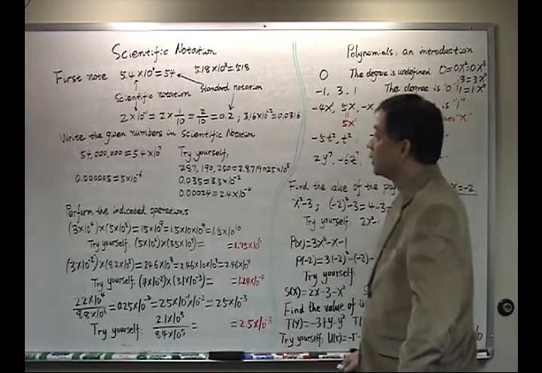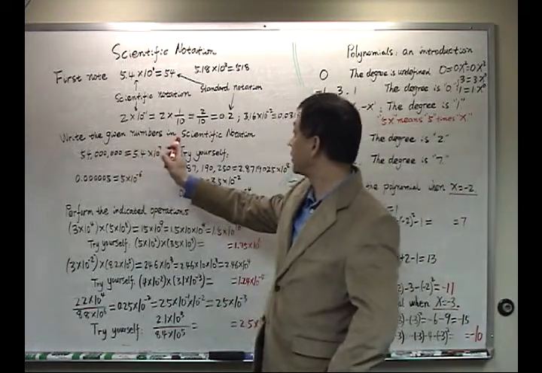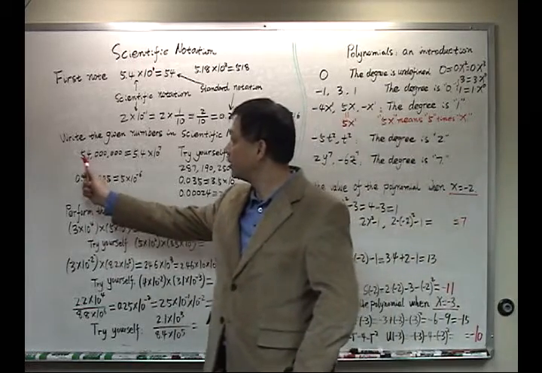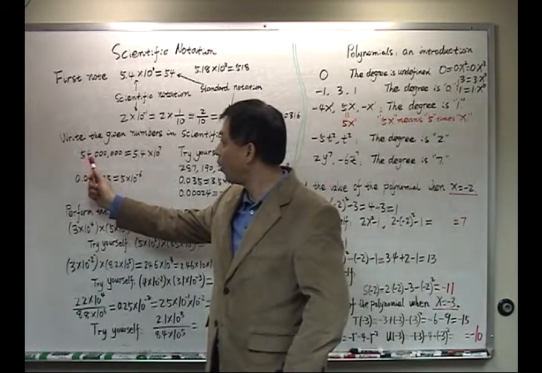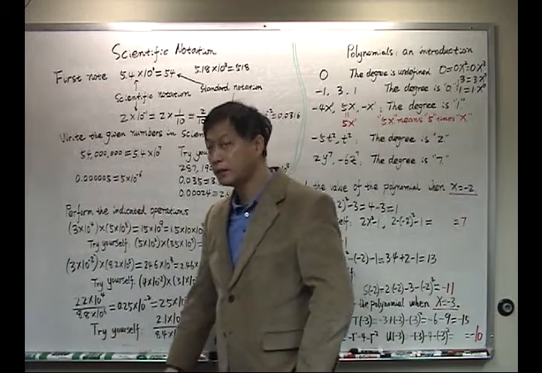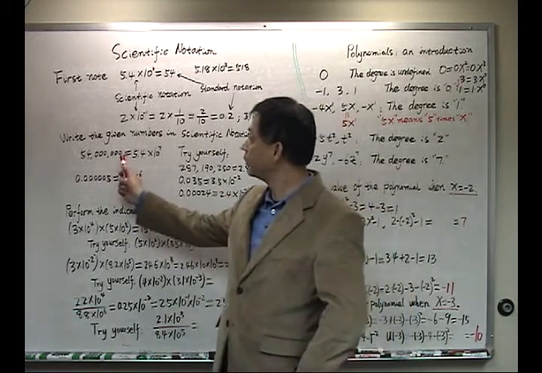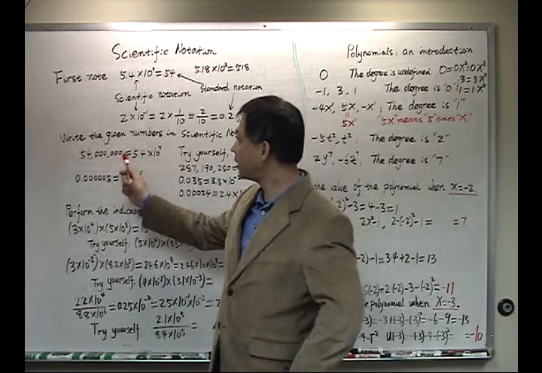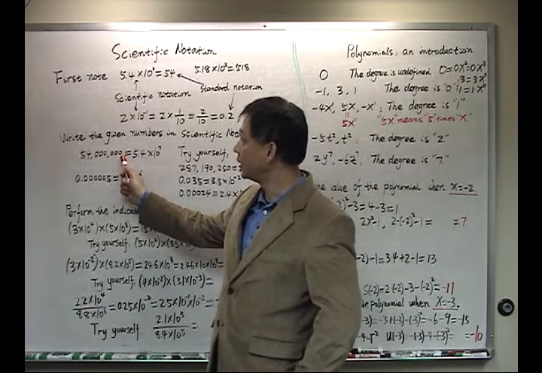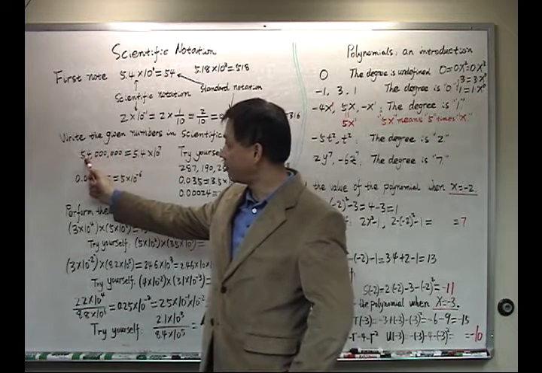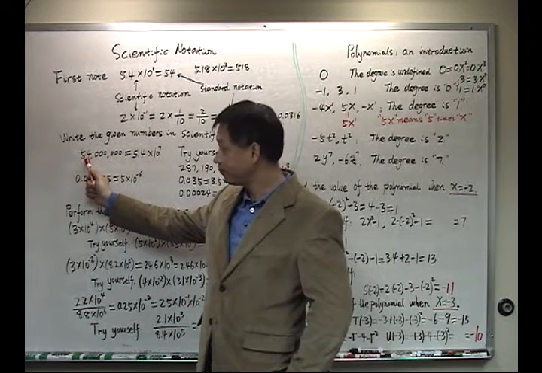Now, write the given numbers in scientific notation. We know right here 54 million. If you want to move this decimal point, it is right here. You want to move this decimal point 7 digits to the left.